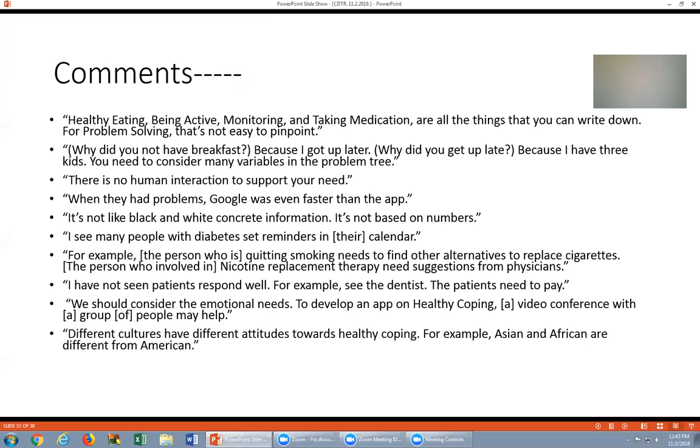Dental health is important. Emotional needs was something that came up again and again. And then different cultures. I was interested to see that comment coming in. Not everybody has the same approach to diabetes, and there's a cultural difference that these mobile health apps may not identify.